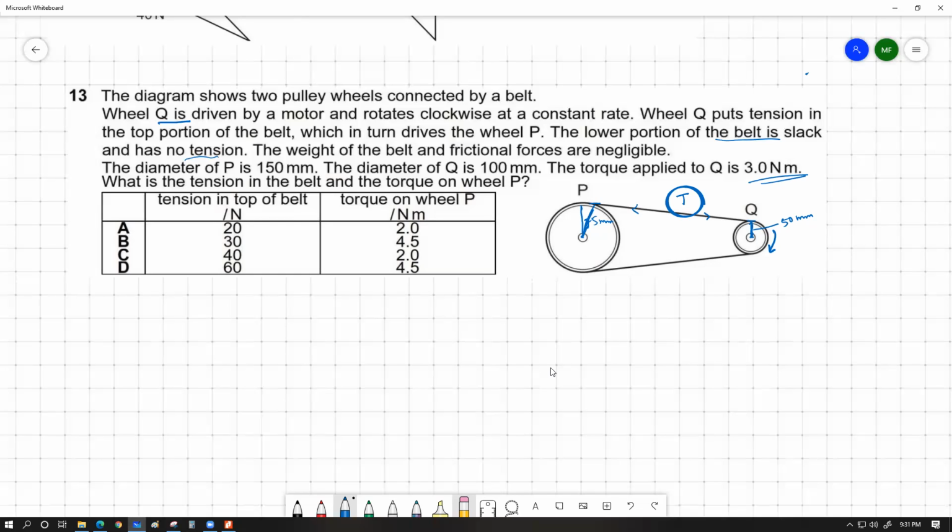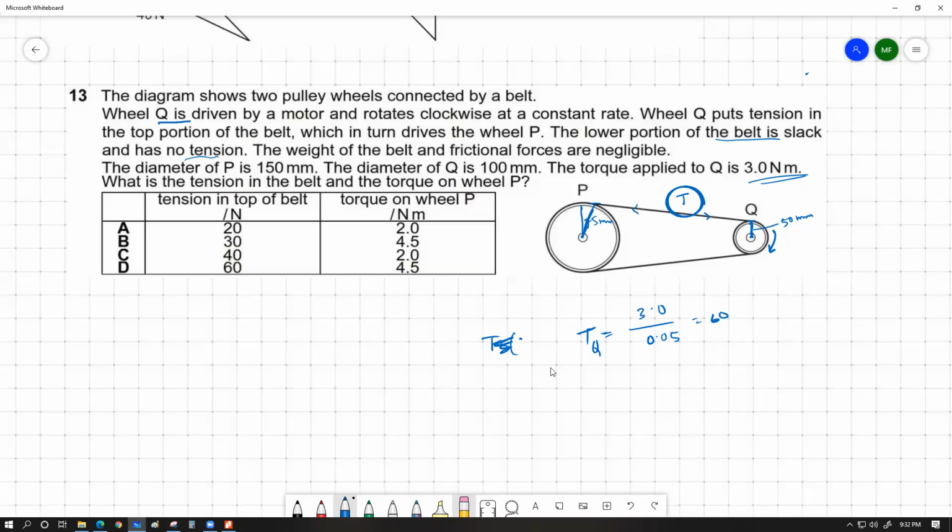So we can write that this tension force multiplied by the radius, so tension T for Q should be equal to 3.0 divided by 0.50 divided by 1000 করলে কত আসে? 0.05. এটা হচ্ছে tension of the Q part of the belt, which is equal to 60 Newton.